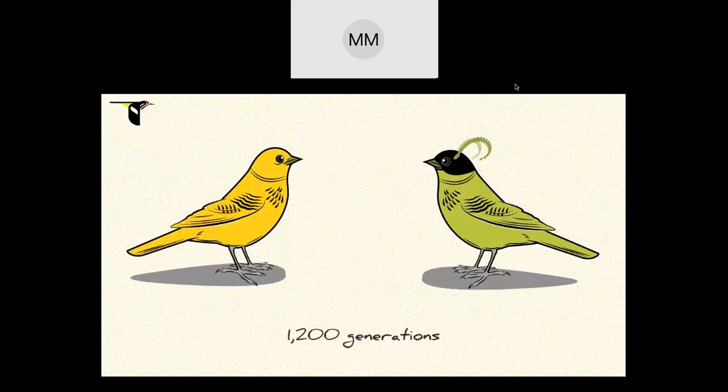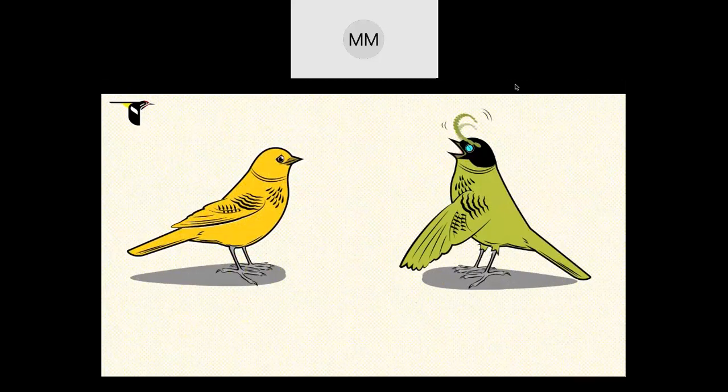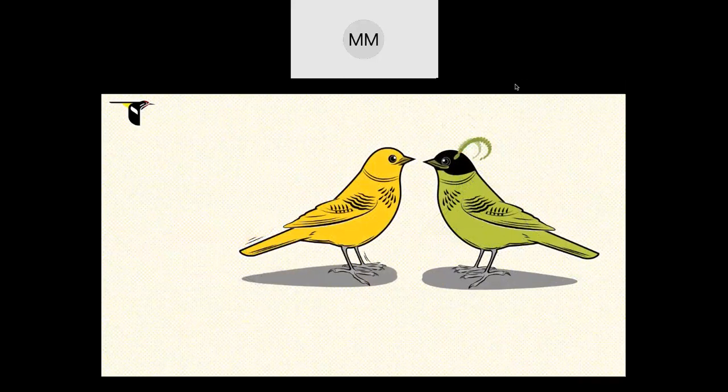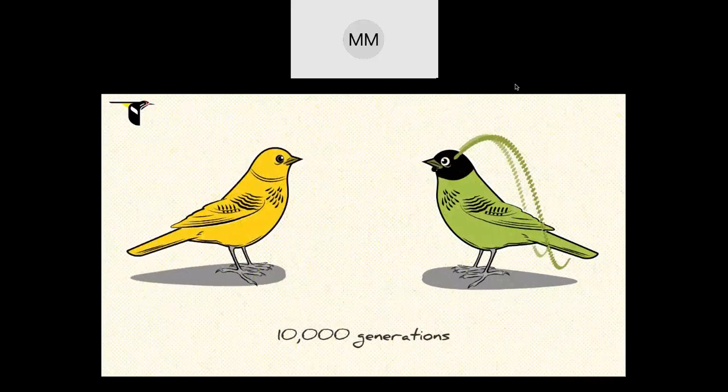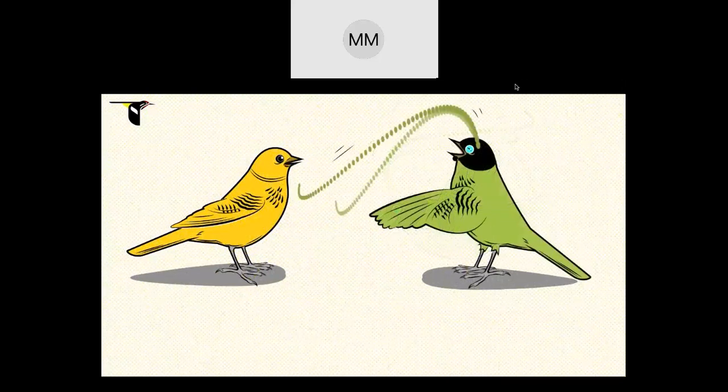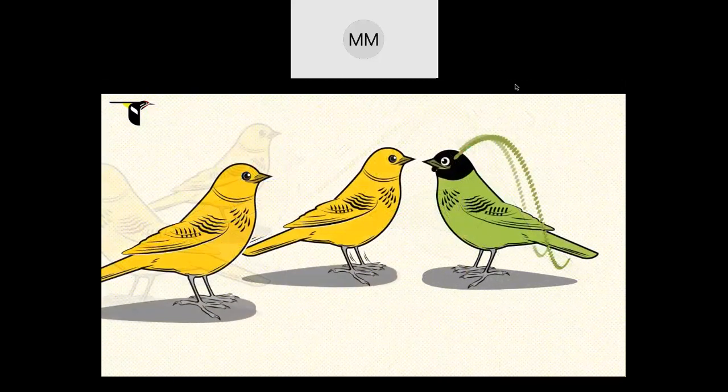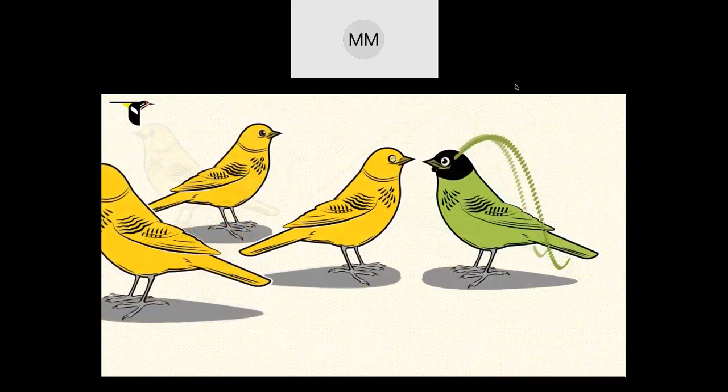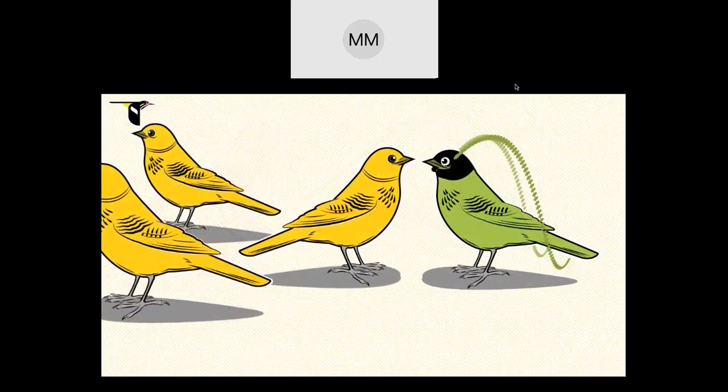But as generations pass and the eastern males become fancier, the western females begin to find the eastern males' habits foreign and surprising. But these traits are clearly not deal breakers. Even after 10,000 generations of geographic isolation, some of the western females continue to find the males' displays attractive.